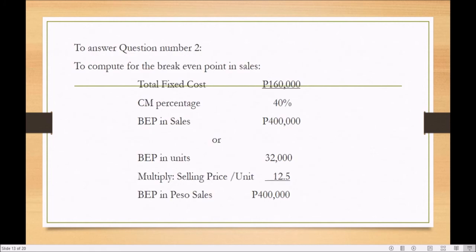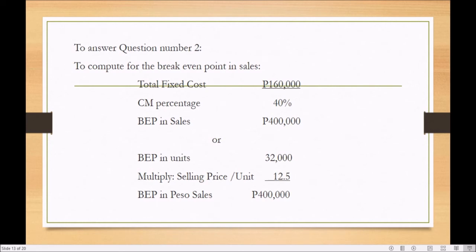Sir, paano naman po kukomputin yung break-even point in peso sales? Nandito yon. To answer question number 2, to compute for the break-even point in sales. Again, gagamitin ko pa rin yung total fixed cost na 160. And then, sinabi ko kanina, yung 40% na kinompute ko na ratio ng contribution margin, gagamitin ko yon in the computation of the break-even point in peso sales.